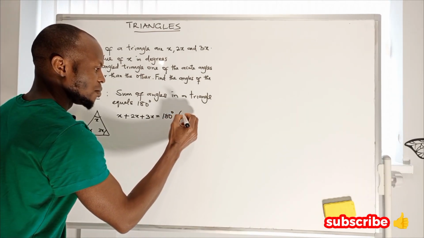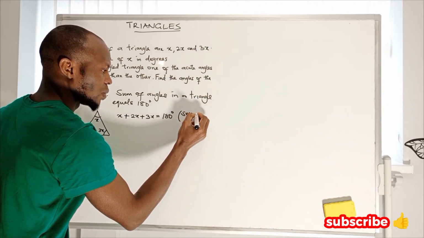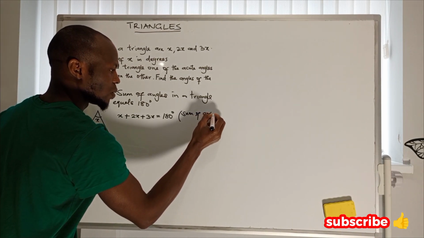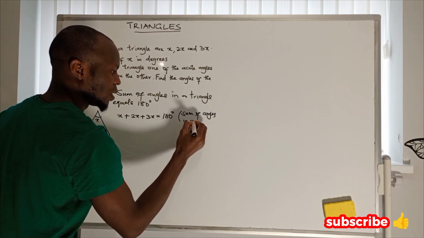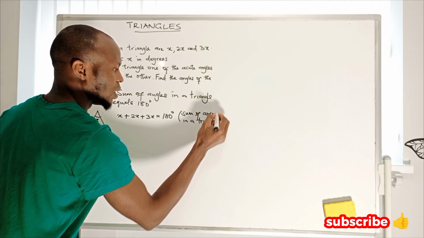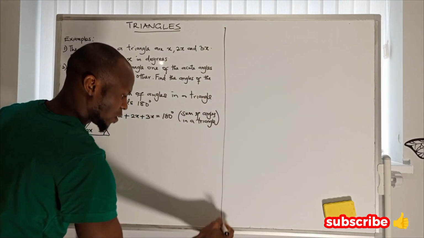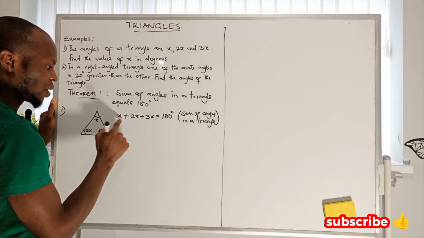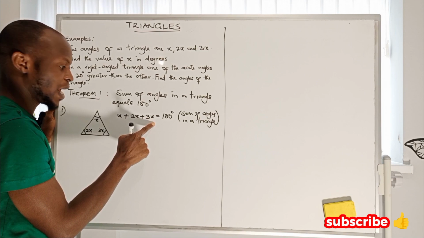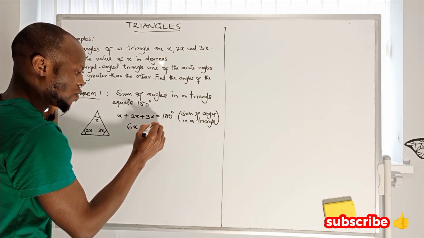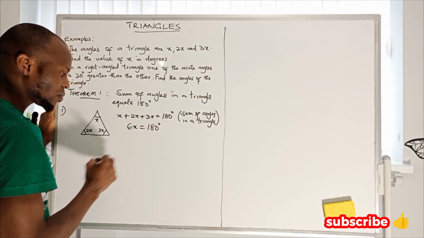What is the reason? Because sum of angles in a triangle equals 180 degree. Okay, so now we add them together. x plus 2x plus 3x will give us 6x equals to 180 degree.